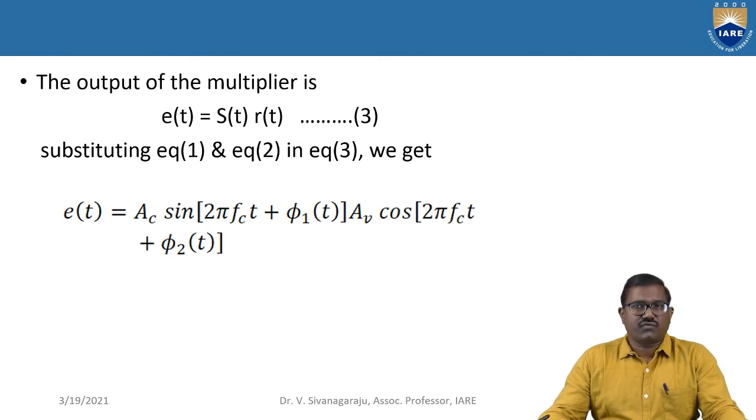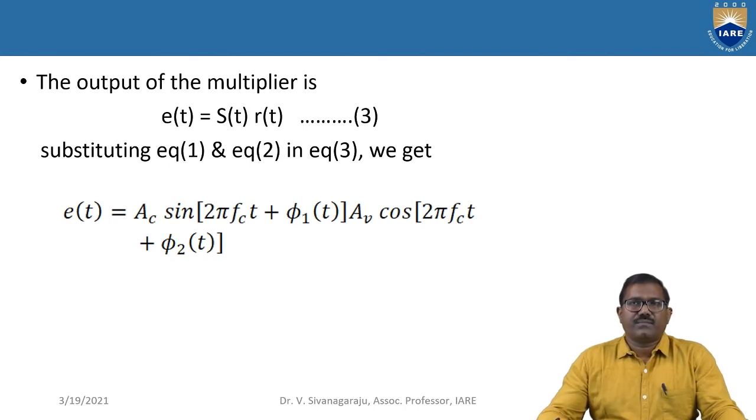We already know S of t and R of t. So substituting equation 1 and equation 2 in equation 3, we substitute S of t and R of t in E of t.